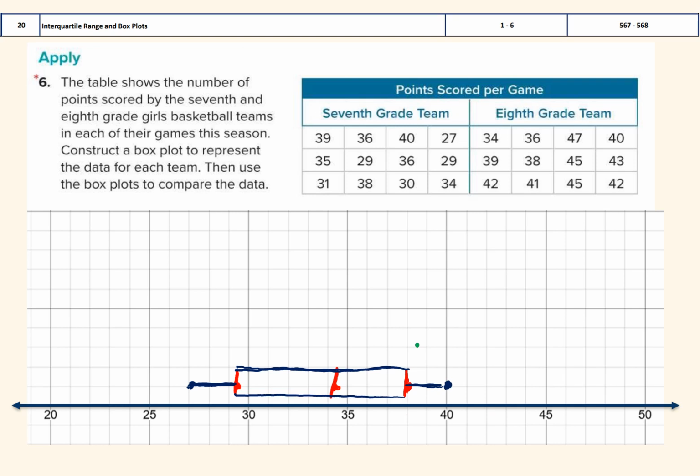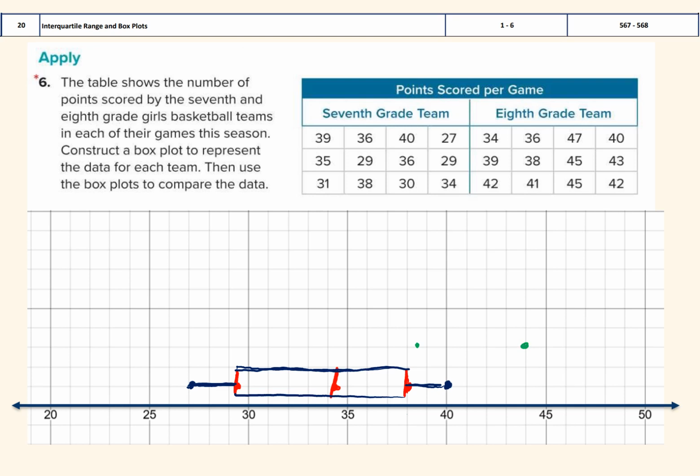The median is 41.5. This is 41, this is 42, so it will be here in the middle. This is the median. Then we will plot Q3, which is 44. Here it is.